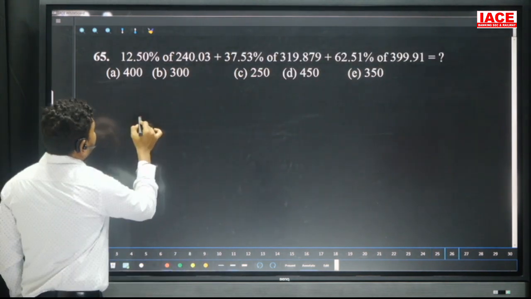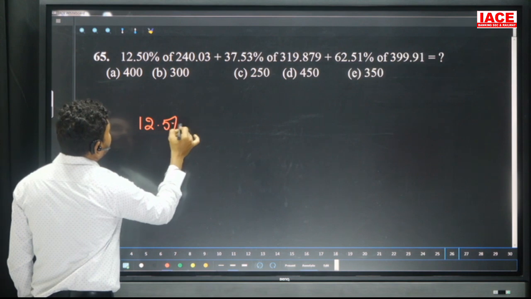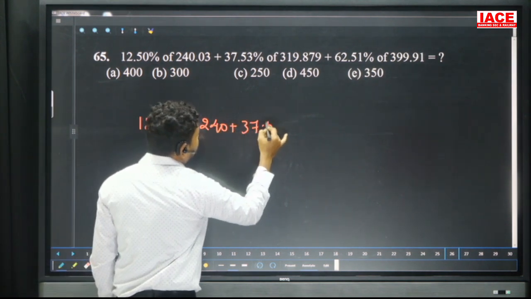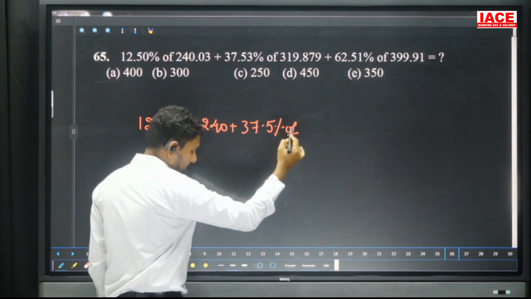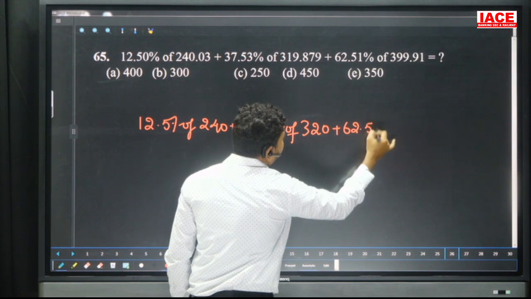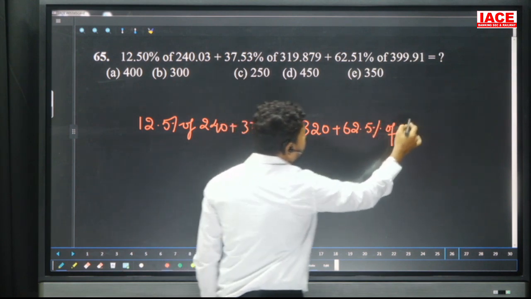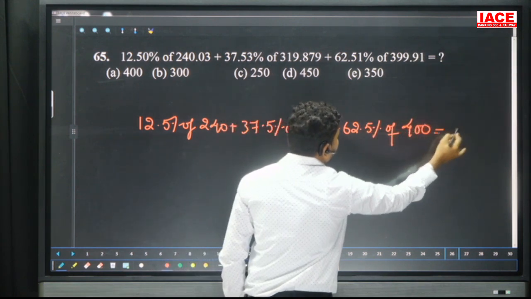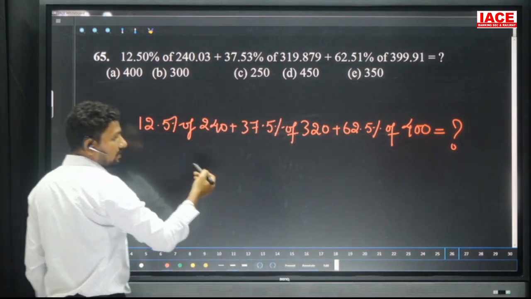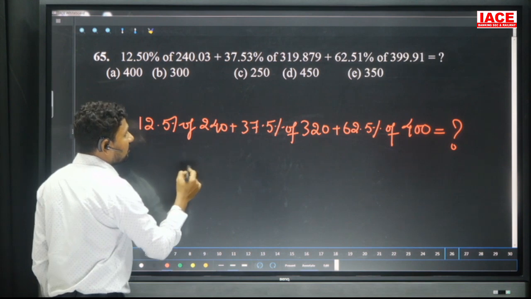Next, 12.5 percentage of 240 plus 37.5 percentage of 320 plus 62.5 percentage of 400, which is equal to what? 12.5 percentage means 240 half value 120, 120 half value 60, 60 half value is 30.